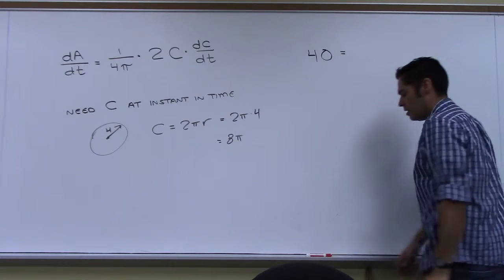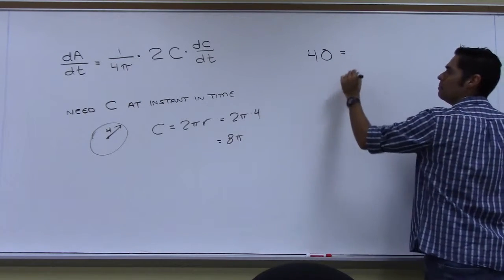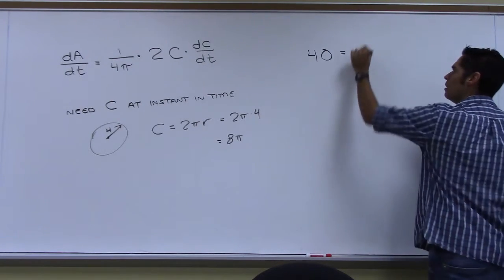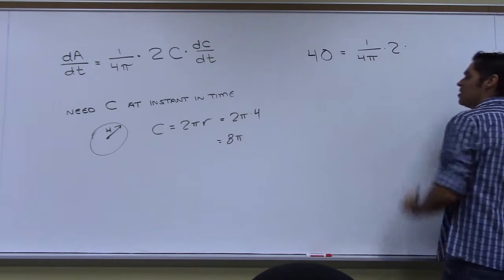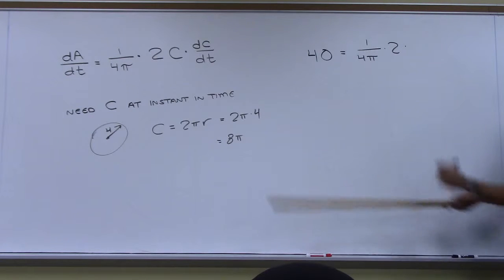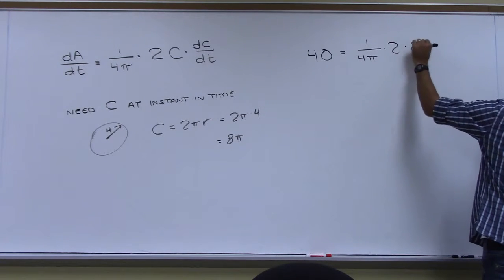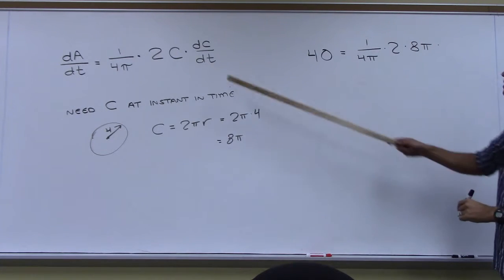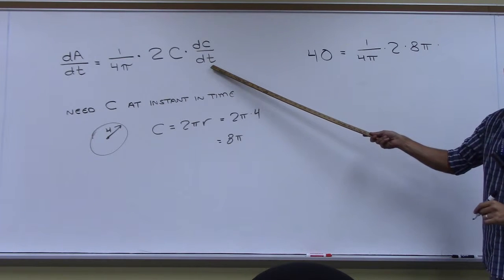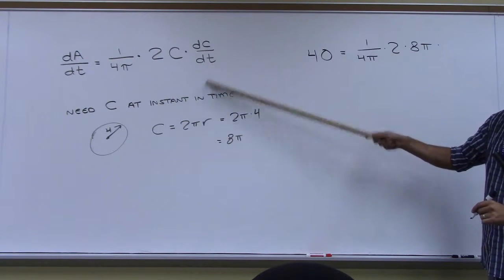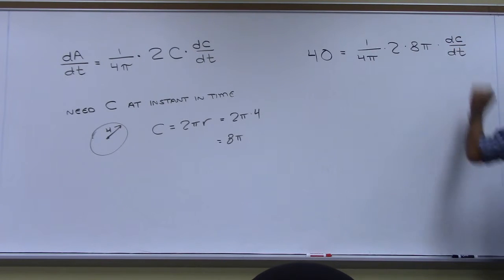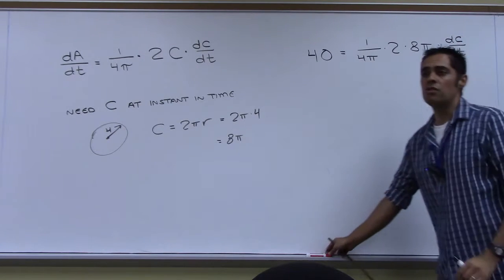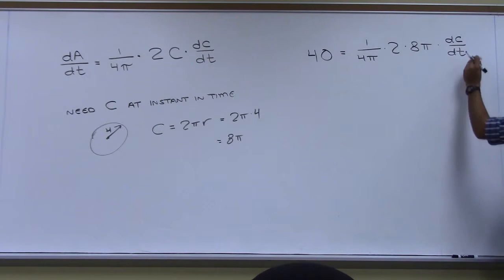Equals 1 over 4 pi, but then times 2, times C. C was 8 pi. And then times dC dt, which we don't know, right? That's what we want to know. So we'll just put dC dt. And this is now an equation that we're just going to solve for this.